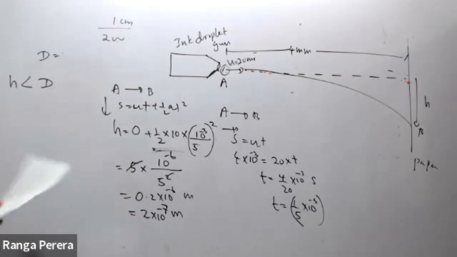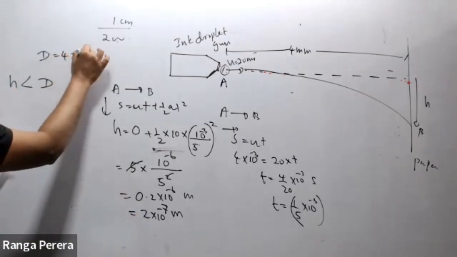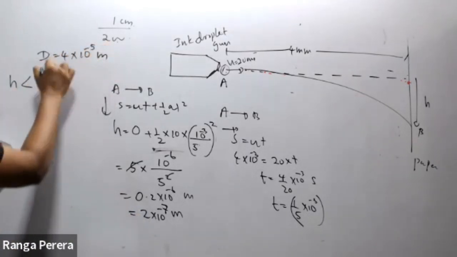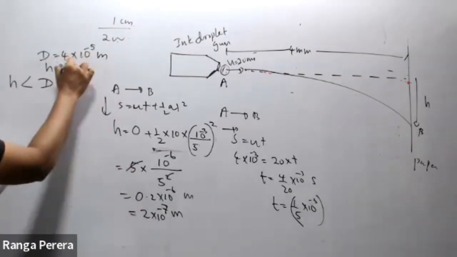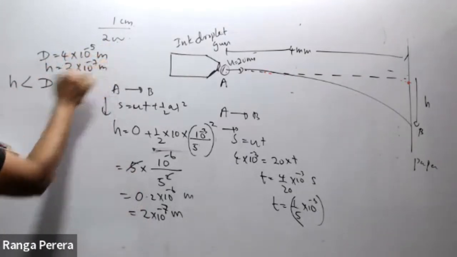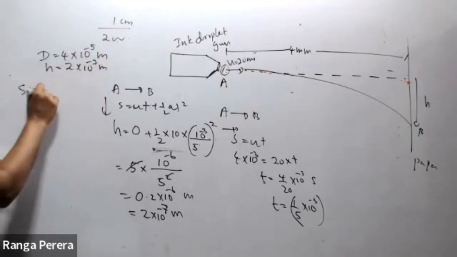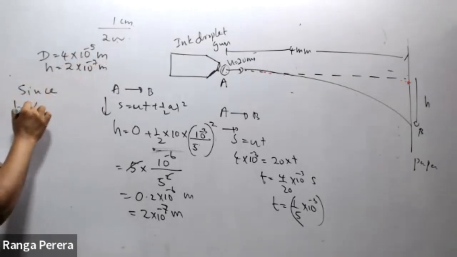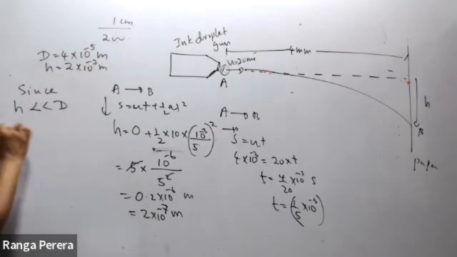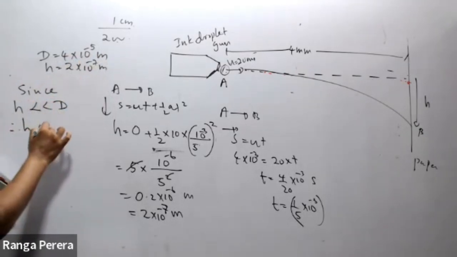It is 4 times 10 to the power minus 5 meter. Now H is 2 times 10 to the power minus 7 meter. Since H is very small compared with D, H can be neglected.